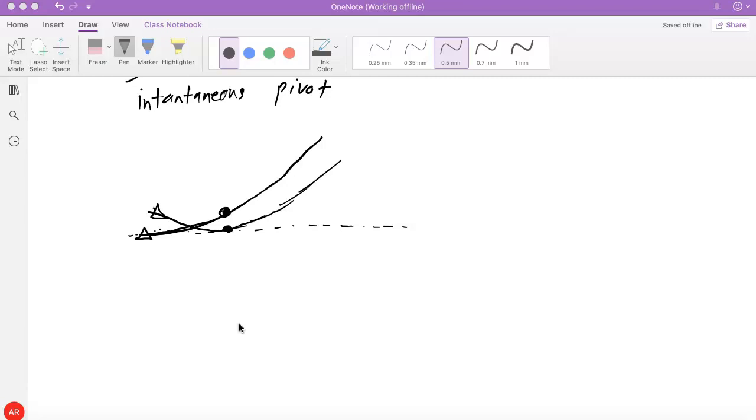So suppose you move with the center of mass.